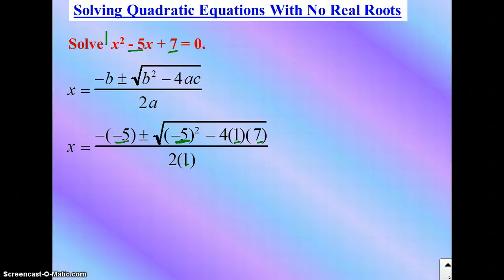So 25 minus 28 gives me a radical that's negative. We know we can't take the square root of a negative value. So there are no real roots, thus this title. So no real roots to this quadratic equation because we can't take the square root of a negative.